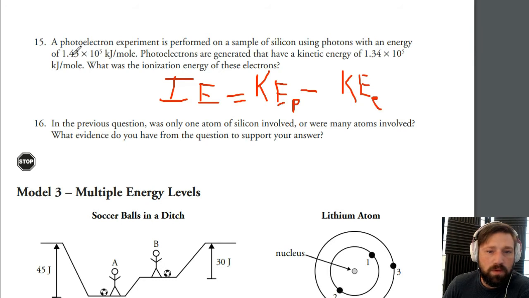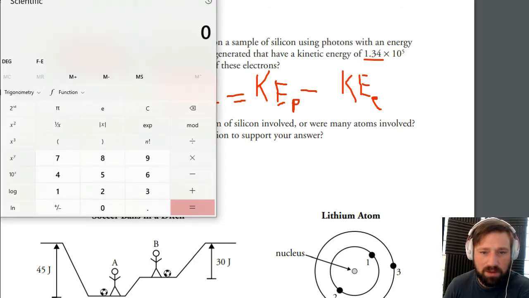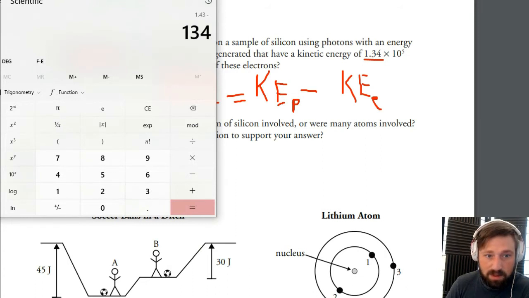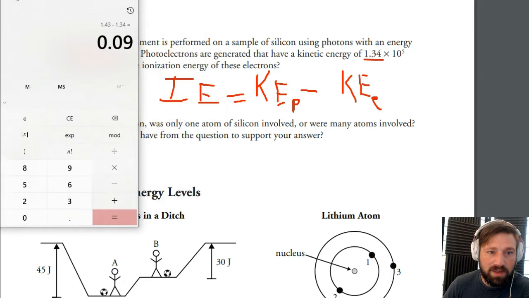So for this, we're just going to take 1.43 minus 1.34. If we do that, I just need a calculator because I don't want to make mistakes. 0.09.